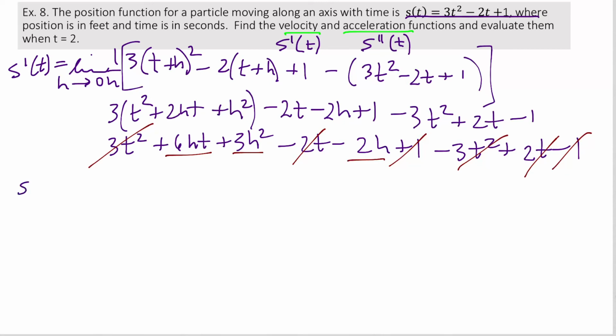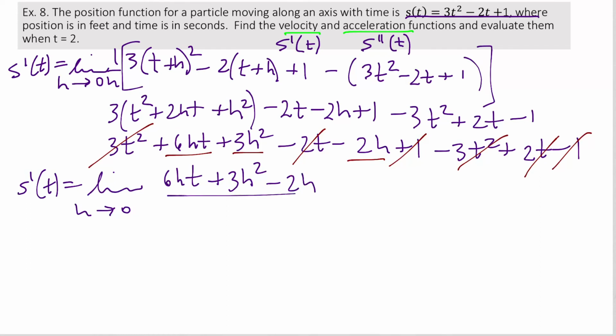So s prime of t is the limit as h approaches 0 of 6ht plus 3h squared minus 2h divided by h, where now the h will cancel. So we've got 6t plus 3h minus 2.